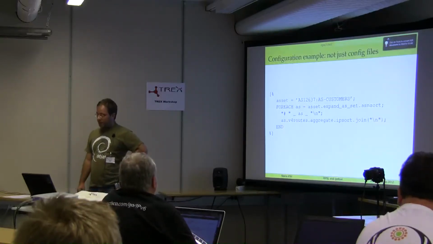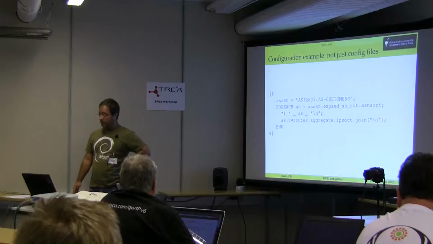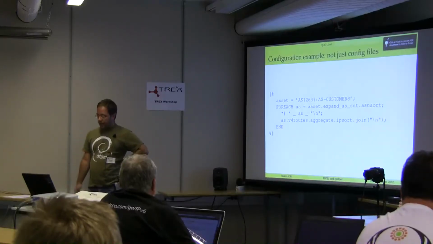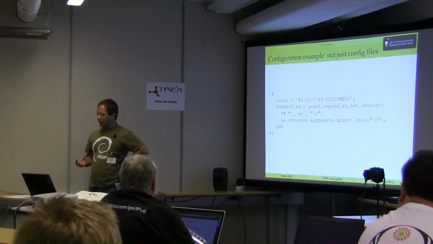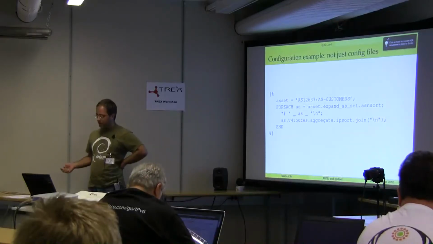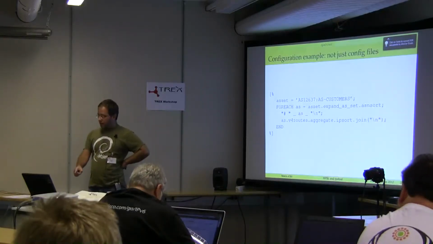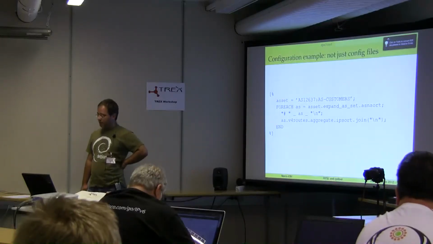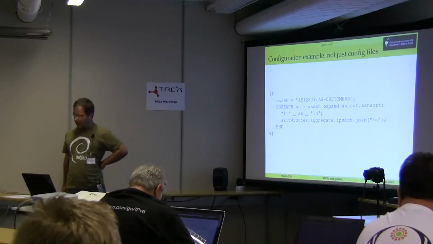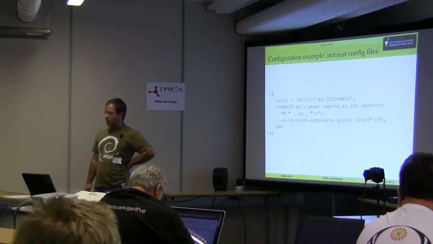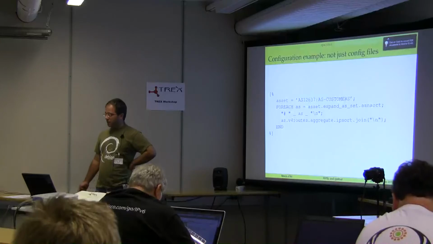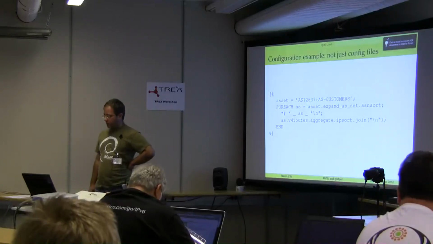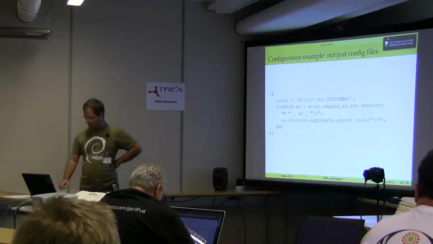I define in the first line a variable, which is in this case an AS set, and then it is expanded, sorted by the AS number, and printed, and the routes for each autonomous system are printed after aggregation and sorting as well. So you can use it to generate lists of prefixes, various things. I used this one to generate configuration for IRC servers.